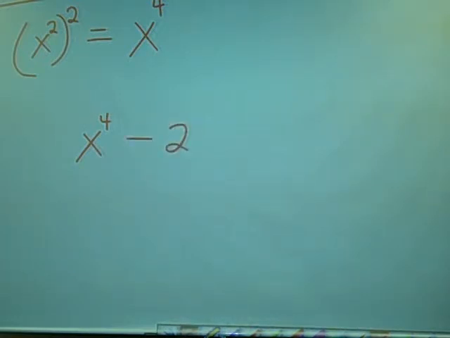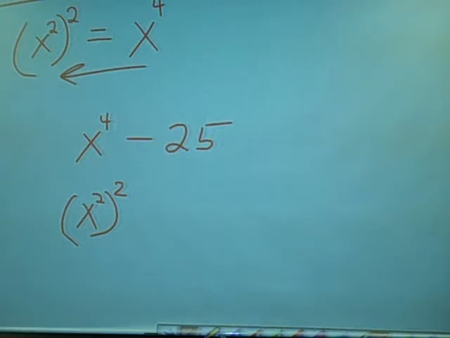Okay, we know that x squared, parentheses squared, is x to what power? 4. X to the 4th. So if we have x to the 4th minus, let's say 25. Okay? Well, we can go backwards. We can say, all right, this is like saying x squared, parentheses squared, minus 5 squared.